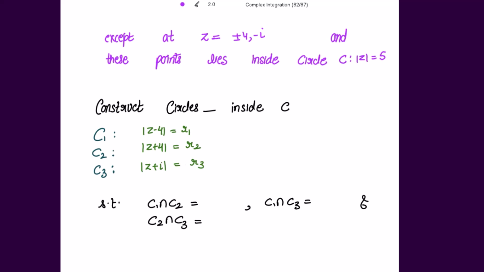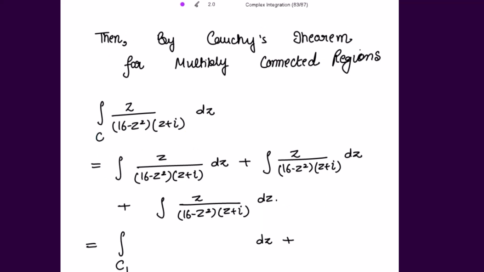We have constructed these circles such that the intersection of C1 and C2 is empty, C1 and C3 is empty, and C2 and C3 is empty. Then, by Cauchy's theorem for multiply connected regions, the integral over C is equal to the integral over C1 plus the integral over C2 plus the integral over C3.